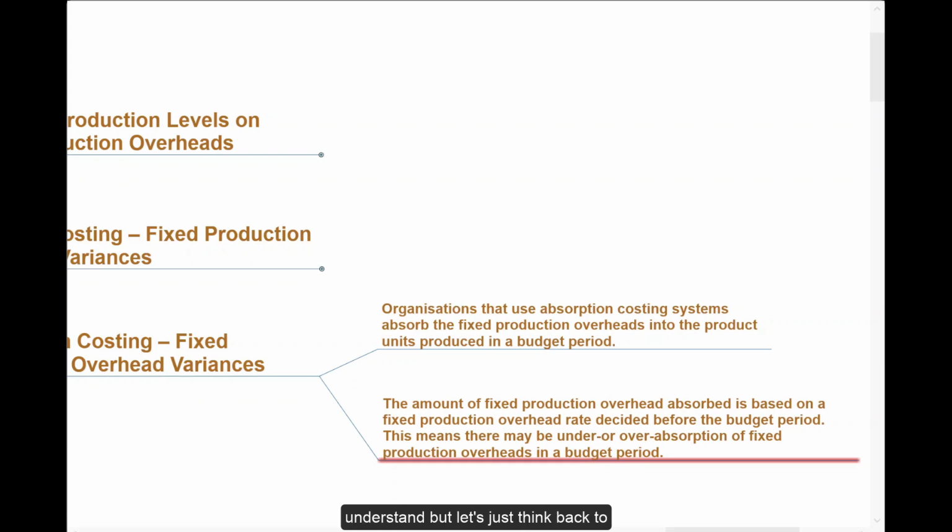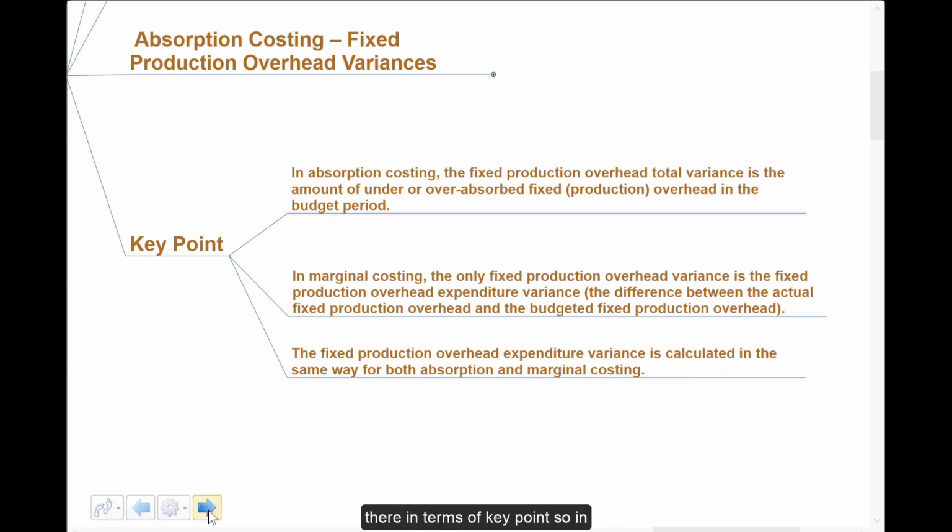But let's just think back to the fact that we know that those two different types of costing work in completely different ways. Moving from there, in terms of key point, absorption costing is going to give us this idea of under or over absorption within a given period.